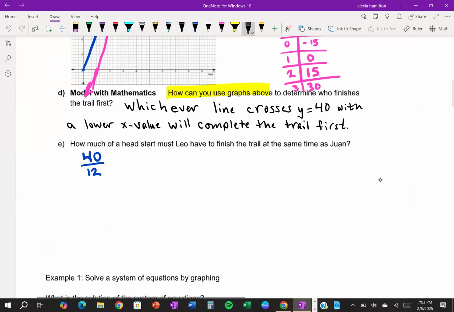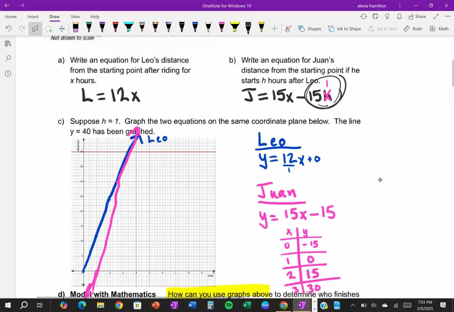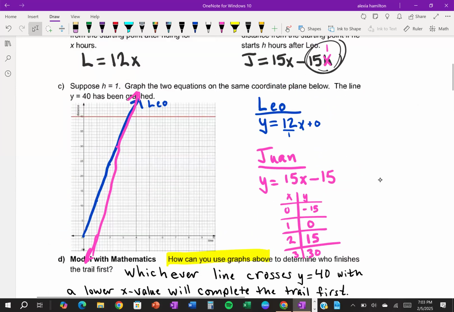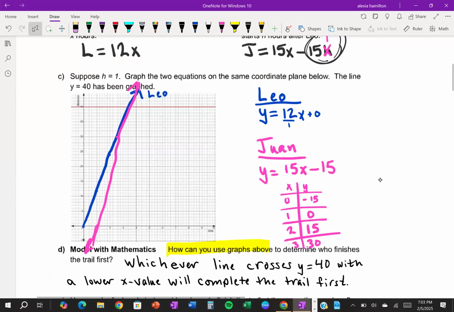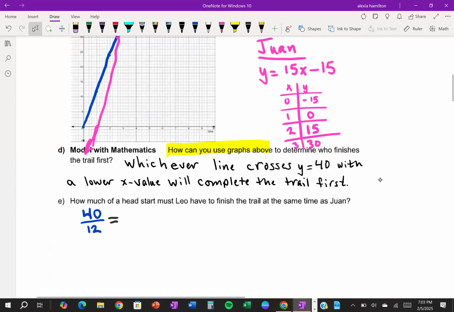And we want that time to be equal to 40 over 15 for Juan, minus, I'm just going to go, the head start.